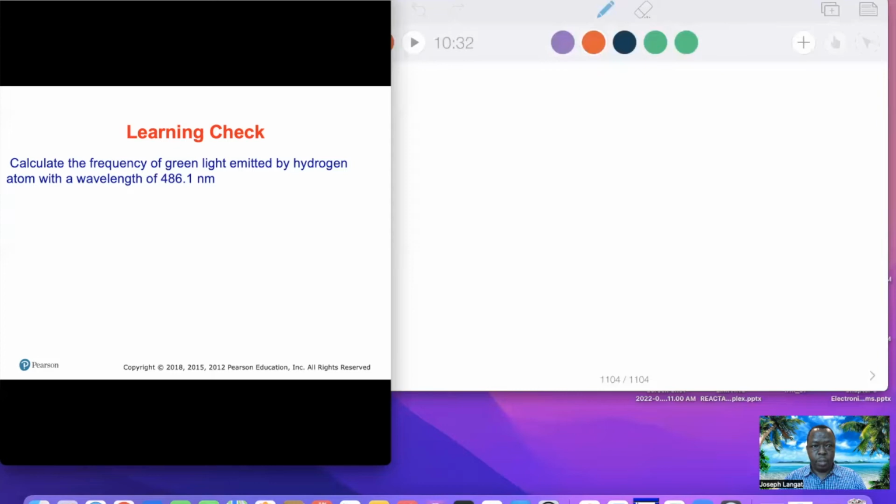Before we look at that, we are calculating the frequency. Given this equation, which I'm going to give you in the exam, c equals 3.0 times 10 raised to 8 meters per second.